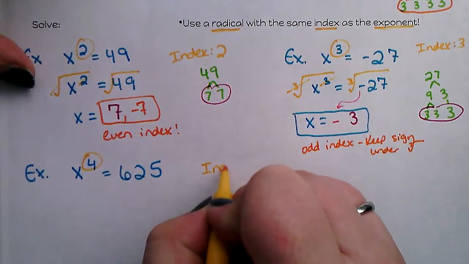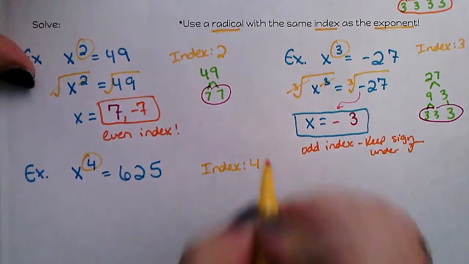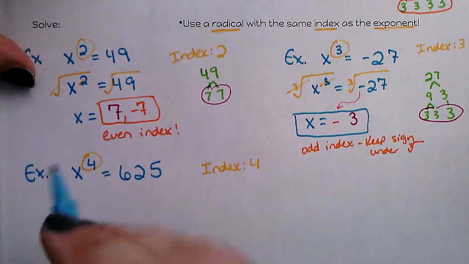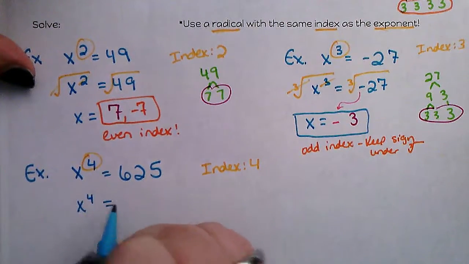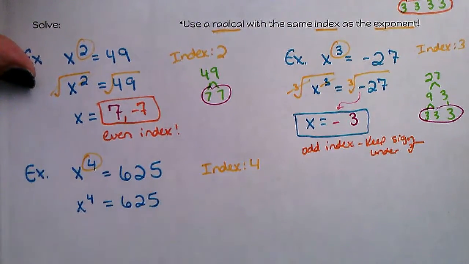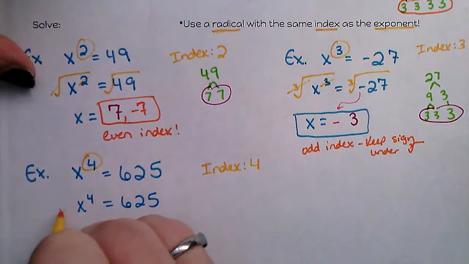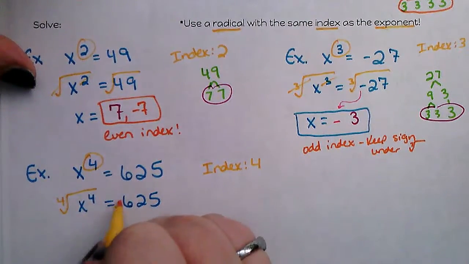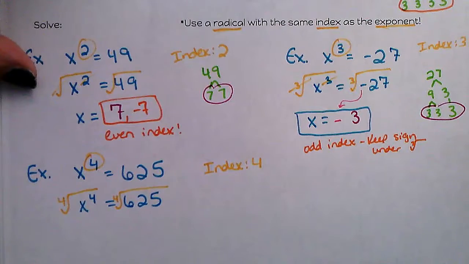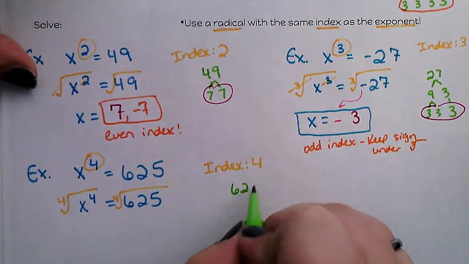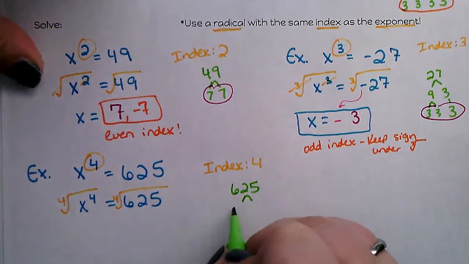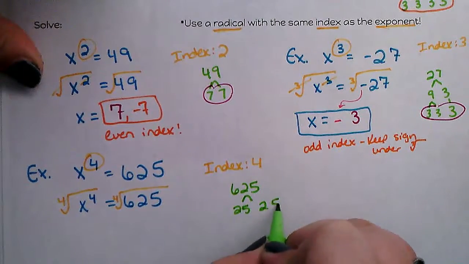My power is 4, so the index of my radical has to be 4. Is 4 an even number or an odd number? Hopefully you know that it's an even number. So when I do the fourth root, I need to make a factor tree for 625. That divides by 25 and 25.